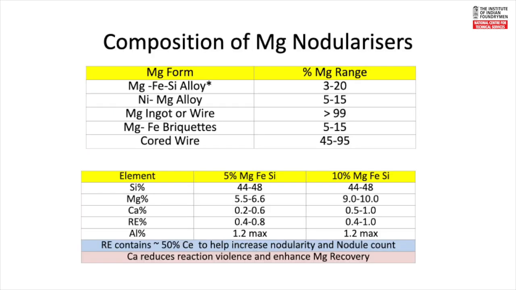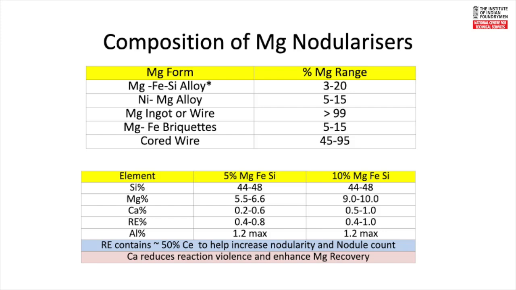Now, very approximately, what is the composition of ferrosilicon magnesium, say for 5% magnesium and 10% magnesium alloy? Silicon around 44 to 48. Magnesium for 5% will be in the range of perhaps 5.5 to 6.6, or for 10% could be around 9 to 10%.